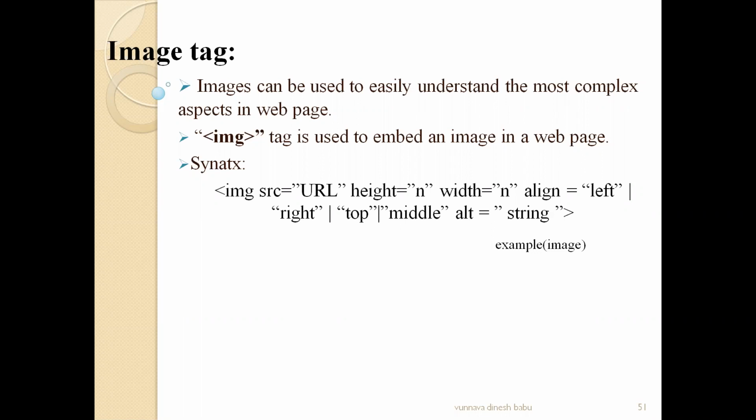If we want to insert an image into a web page, we are going to use the IMG tag, and the IMG tag will insert some image into the web page. No problem with that. So what is the image we want to insert in the web page? That should be given as a value to the source attribute.